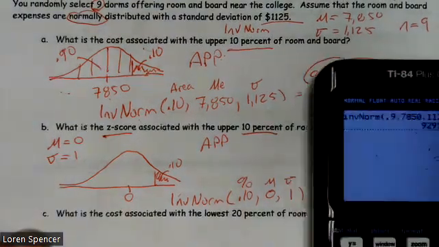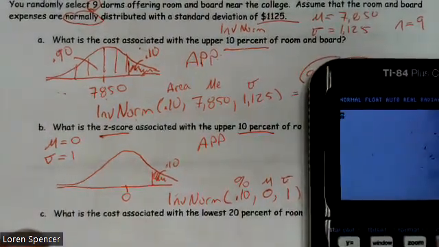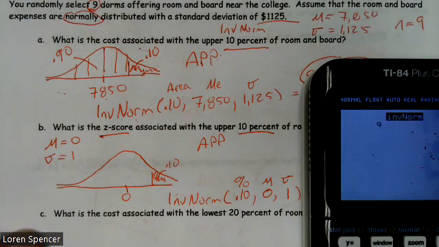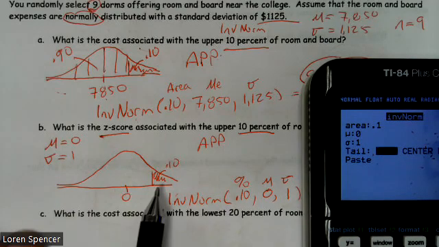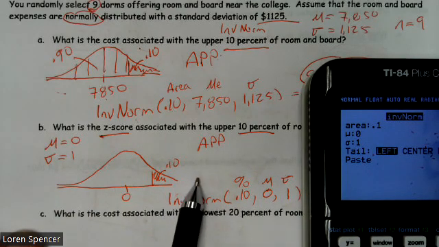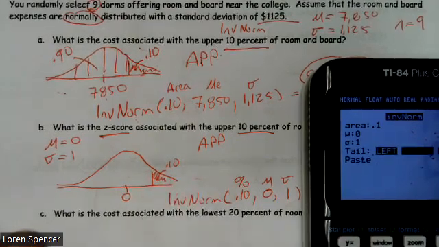All z-scores will have a mean of 0 and standard deviation of 1. So second vars, inverse norm, area 0.10, mean of 0, standard deviation of 1, and we shaded from the top down, so we're shading from the right.